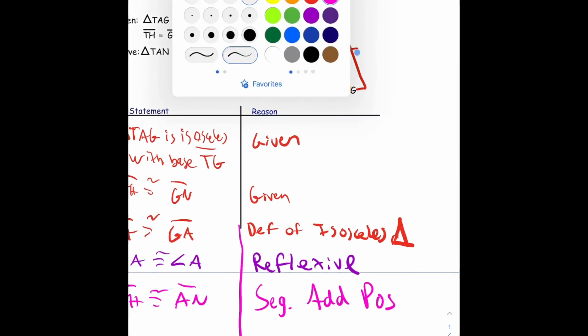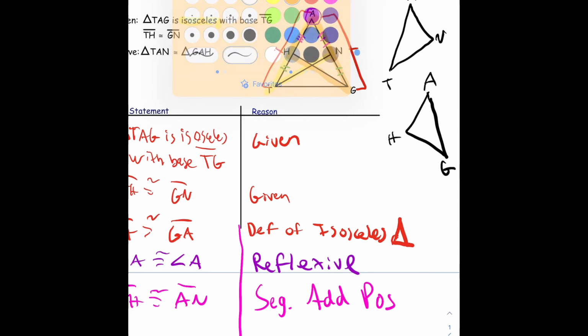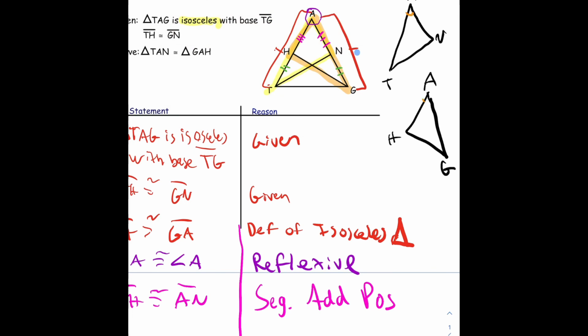So what I'm going to do is, and I always recommend you do this, I'm going to pull out the two triangles that I'm working with. So this is TAN, and then this is AHG. So again, filling in what we've already marked up, we have an angle that's congruent here.